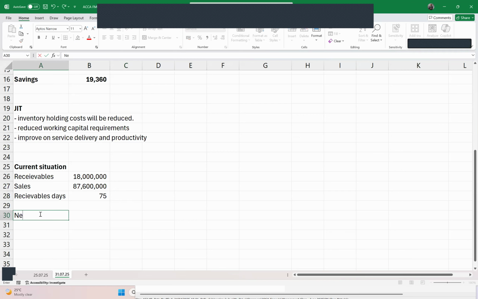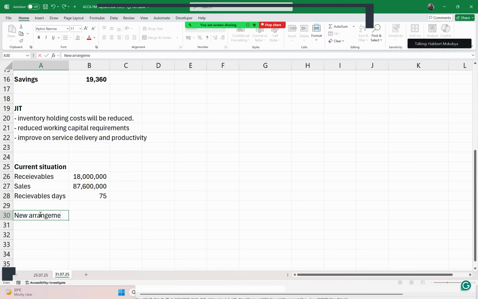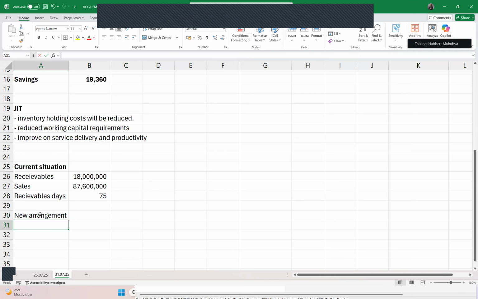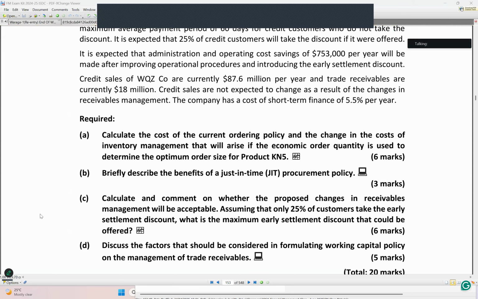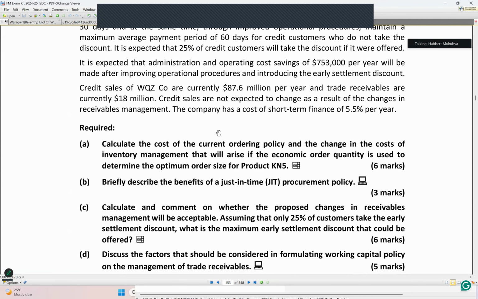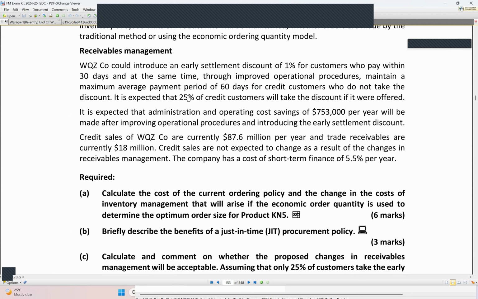Now the new arrangement, receivables will be, they are thinking that 25% of the customers will pay within 30 days, and then 60 days for the others.